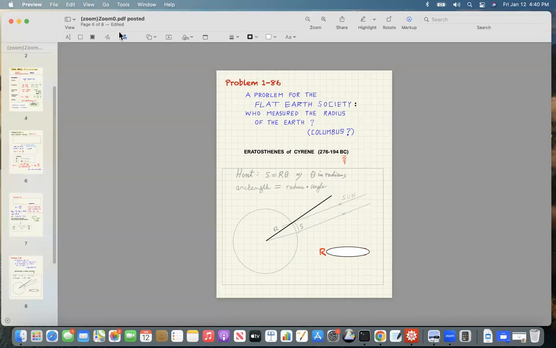Let's see if I can indicate which angle I'm talking about. Here's the angle that he could look at. He could say, okay, let me look at noon, midsummer's day, and the sun is not exactly overhead. It's a little bit below overhead.